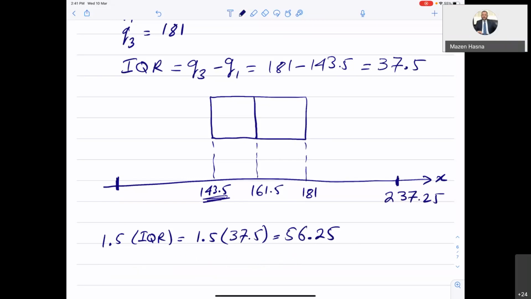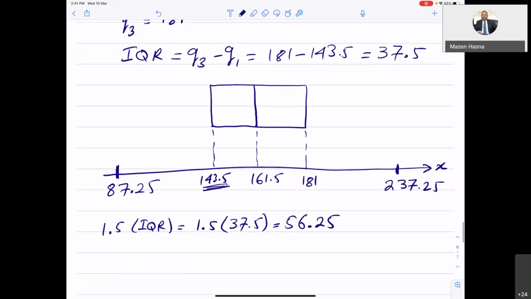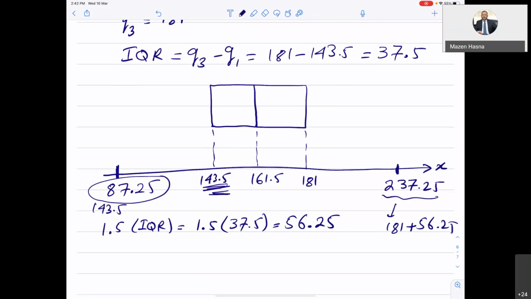Now if you calculate them right, those two points will be 237.25 and 87.25. How did we get this? This is 181 plus 56.25, and this is 143.5 minus 56.25.